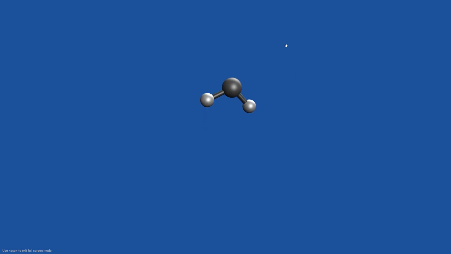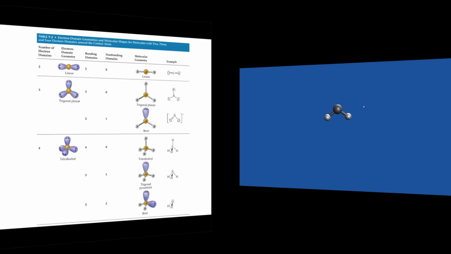So if we take a look at this structure now, this would be analogous to, say, the water molecule, OH2, where O would still have 4 electron domains around it. In this case we've got 2 electron domains on the top of this oxygen atom, and we've got a situation where we've got a bent structure. So that's the molecular geometry for a system with 4 electron domains, but 2 of those are bonding. So this is called a bent structure.